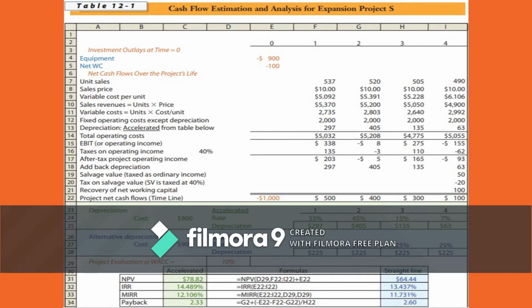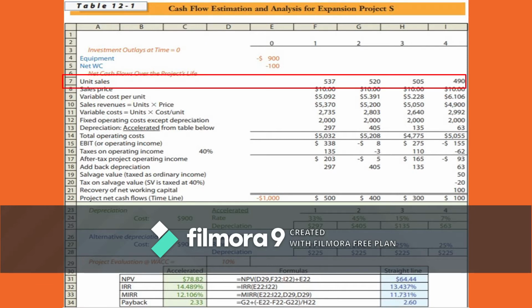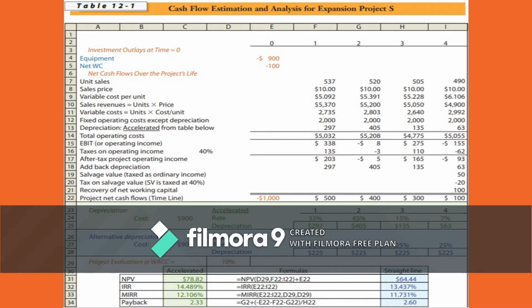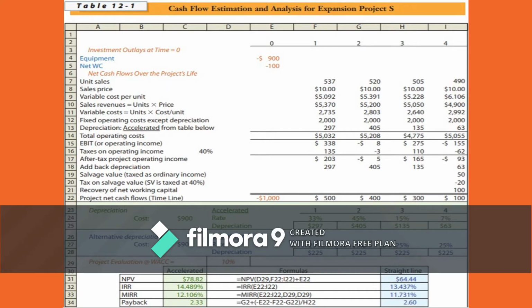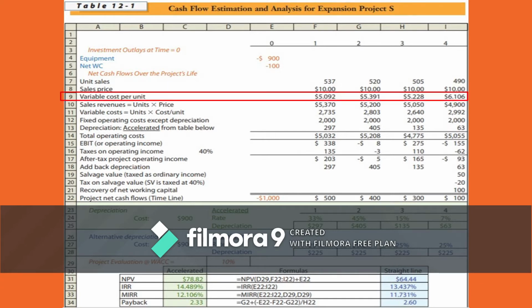Unit sales of Project S are shown on row 7. They are expected to decline somewhat over the project's 4-year life. The sales price, a constant $10, is shown on row 8. The projected variable cost per unit is given on row 9. It generally increases over time due to expected increases in materials and labor.